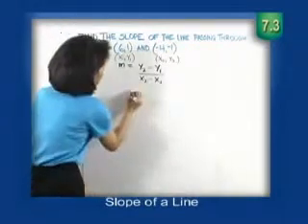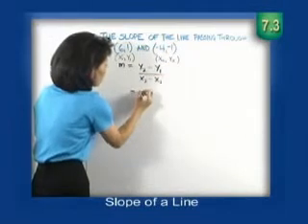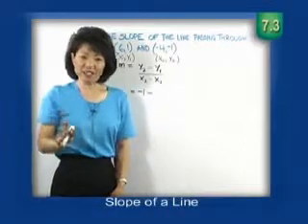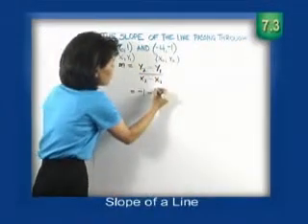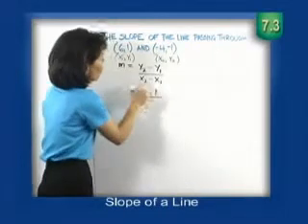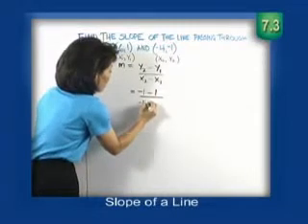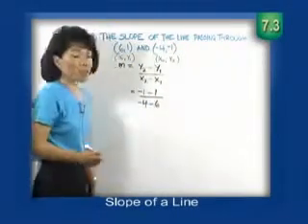So this is equal to y2, which is over here, is 1, minus, notice that's part of the formula, so be very careful here, minus y1, which is 1, over x2, which in this case is -4, minus x1, which in this case is 6.